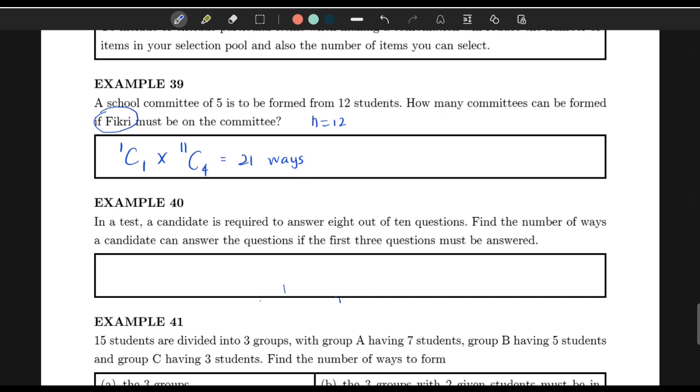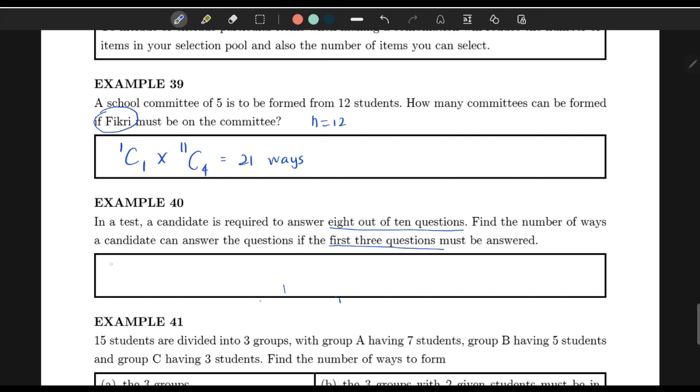Example 40. In a test, a candidate is required to answer 8 out of 10 questions. Find the number of ways a candidate can answer the questions if the first 3 questions must be answered. For the first 3 questions from 10 questions, you have to answer.